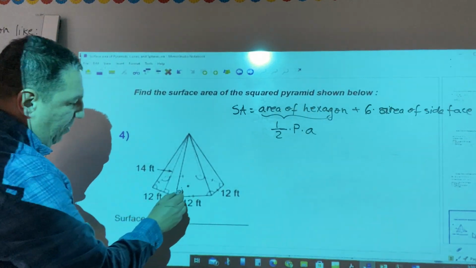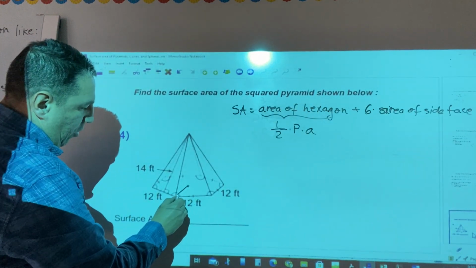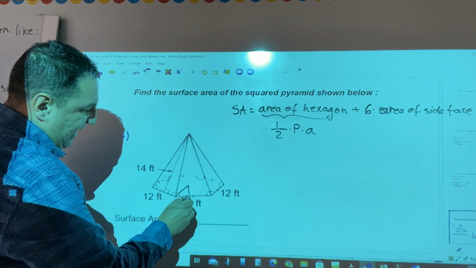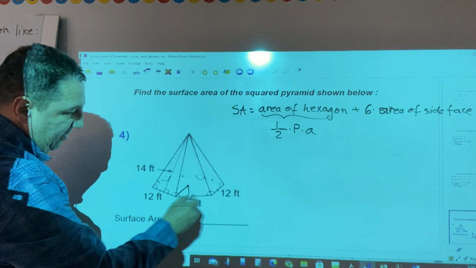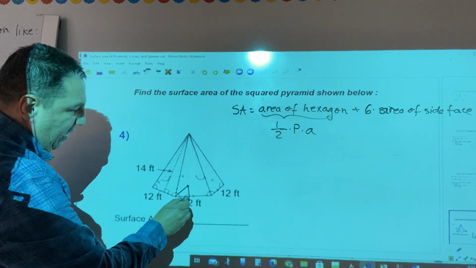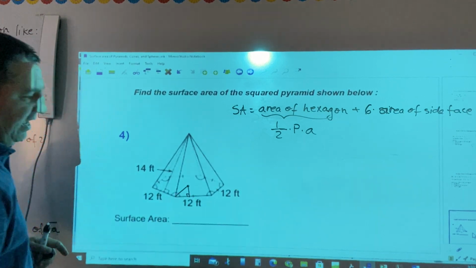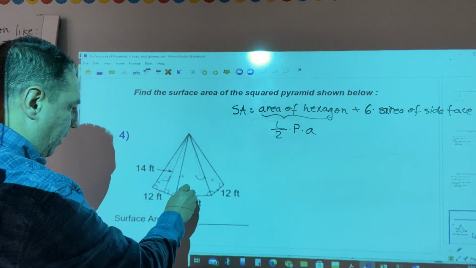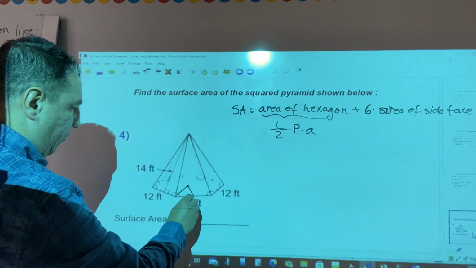To find the apothem, we know the apothem is the segment that joins the center of the base with the midpoint of its side, right?